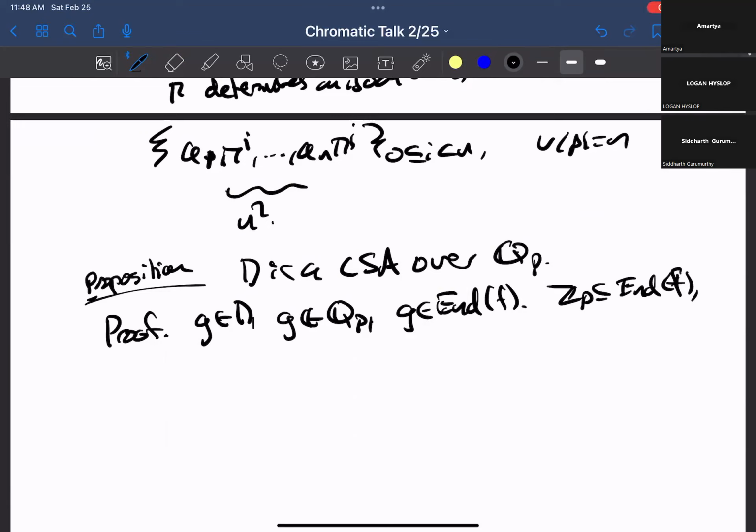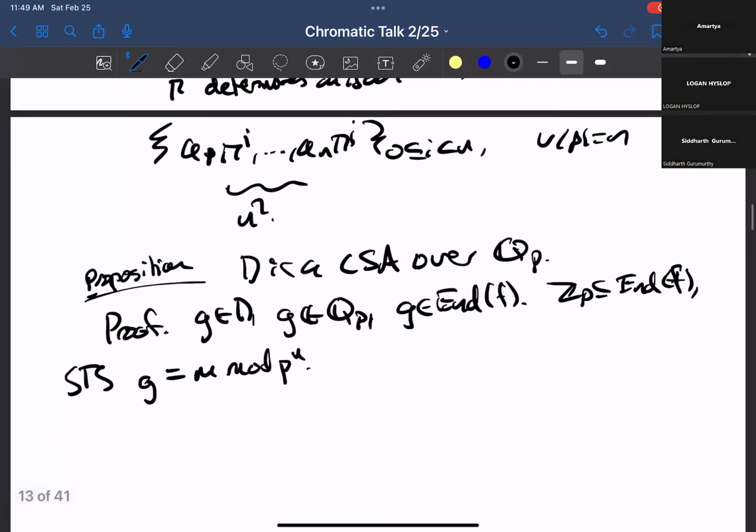So it suffices to show that g is equal to some integer modulo any power of p. Since then we can take this converging series, which is going to converge to something in ZP, but it's also going to converge to g, and so g is in ZP.